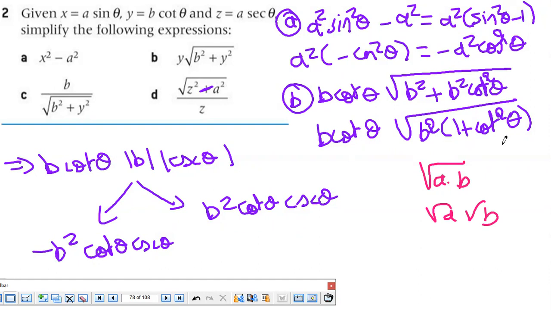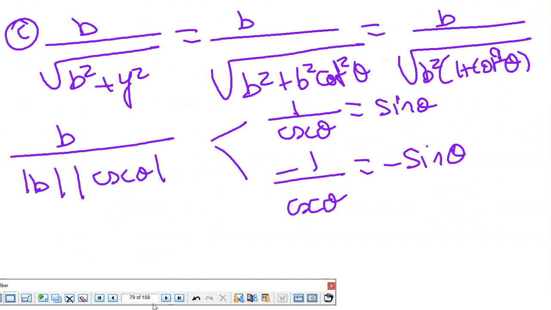It's cosecant squared, so absolute value, absolute value. So either both are plus and plus, so either the answer is b squared cotangent theta cosecant theta, or minus b squared cotangent theta cosecant theta. See the same, I factorized absolute value times absolute value. So either the answer is negative or positive.